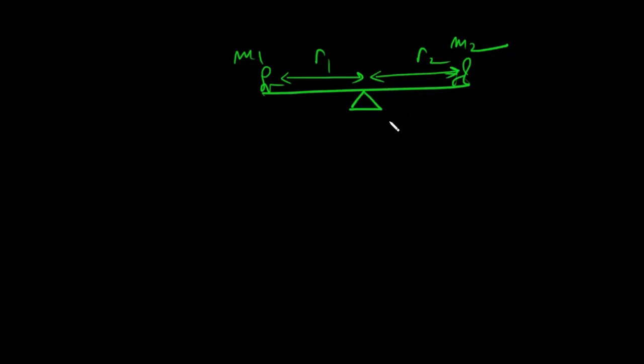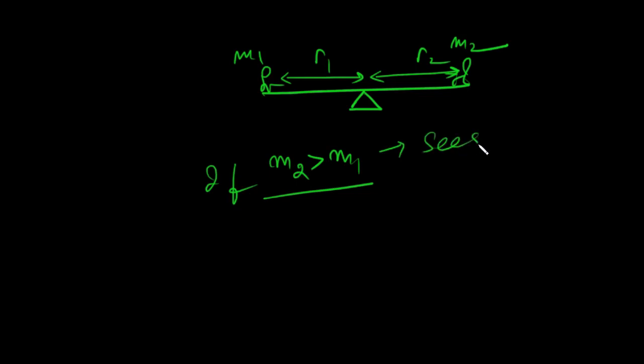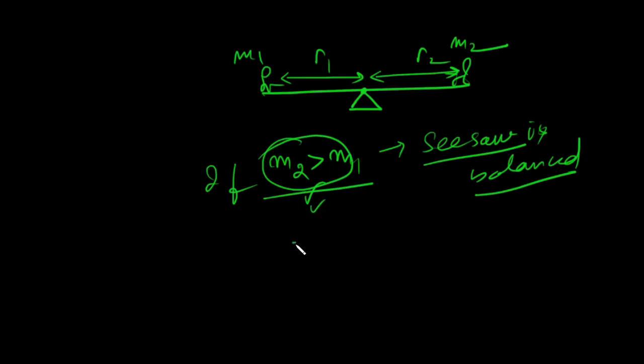Still the seesaw is balanced, even if m2 is greater than m1. This is because the toppling of the seesaw is not only dependent on the mass or weight, it is dependent on the torque. Even if the masses are unequal, the torques must be equal.